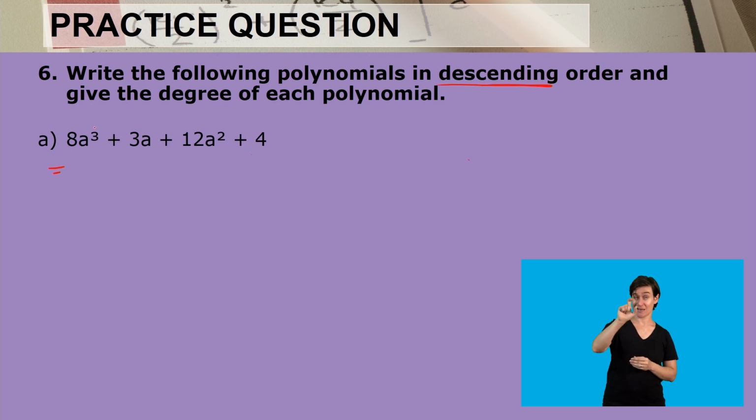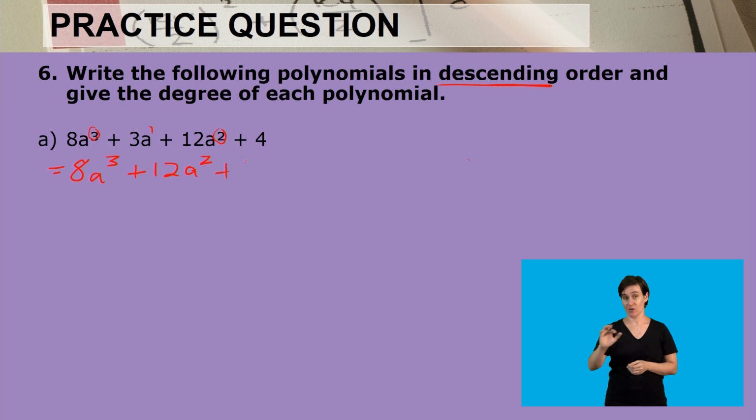The highest exponent that I see there is a cubed. So therefore it would be 8a cubed. That's the first term. The next is a squared, and the term thereof is plus 12a squared. And then the next one is a, which we know is to the exponent 1.